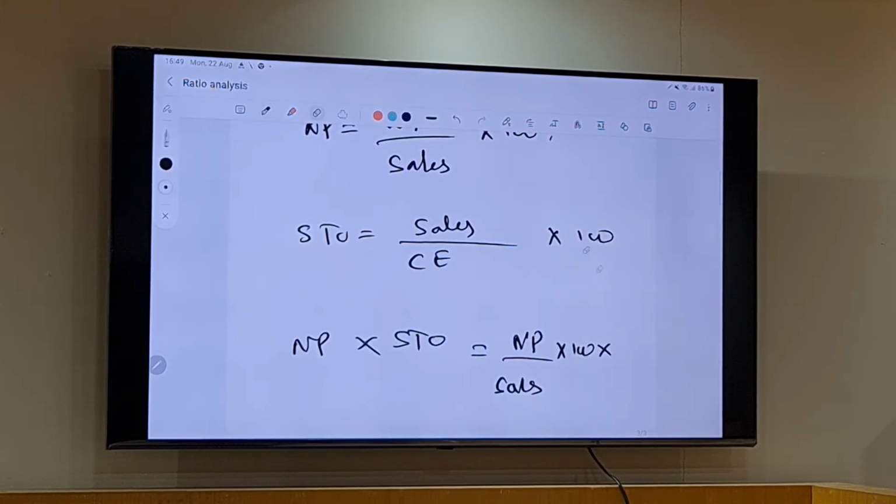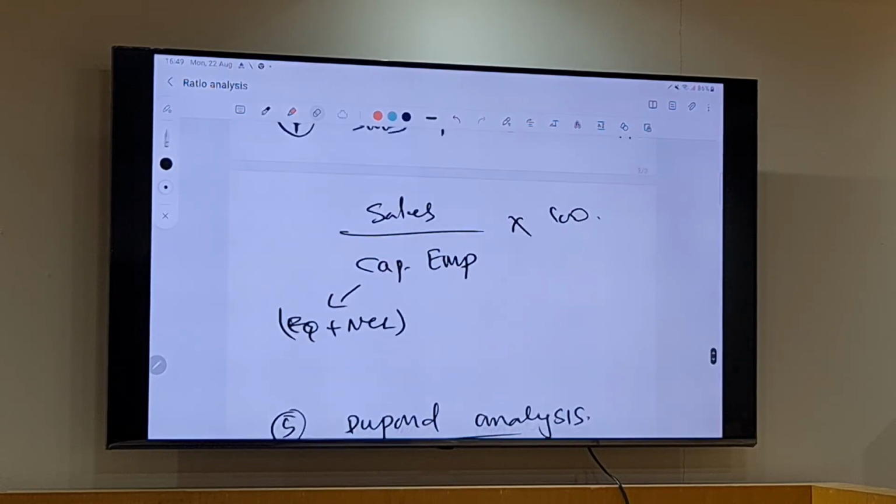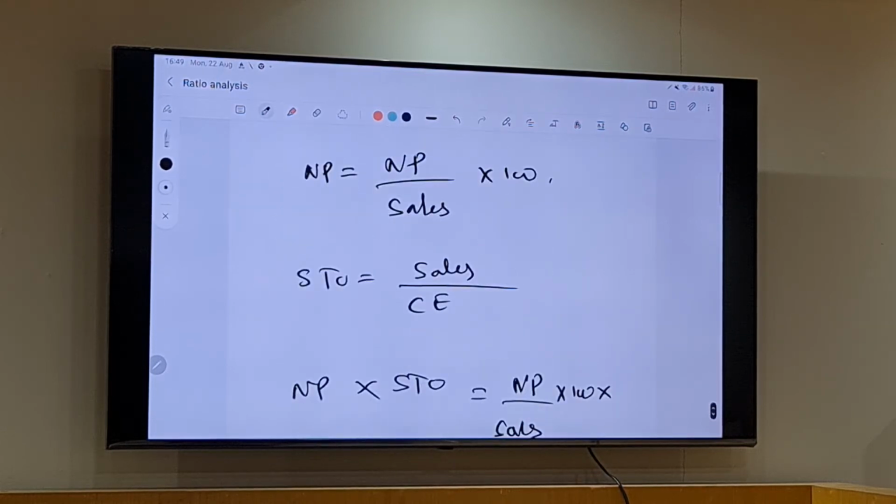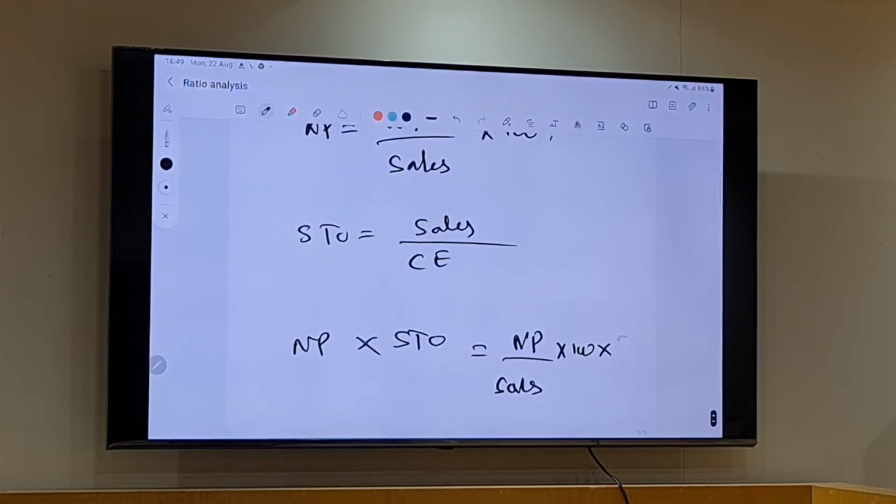Actually, I'm sorry, here we don't get 100. No 100. Answer is in times. So, into sales over capital employed. See here, we take these two out. What will happen?